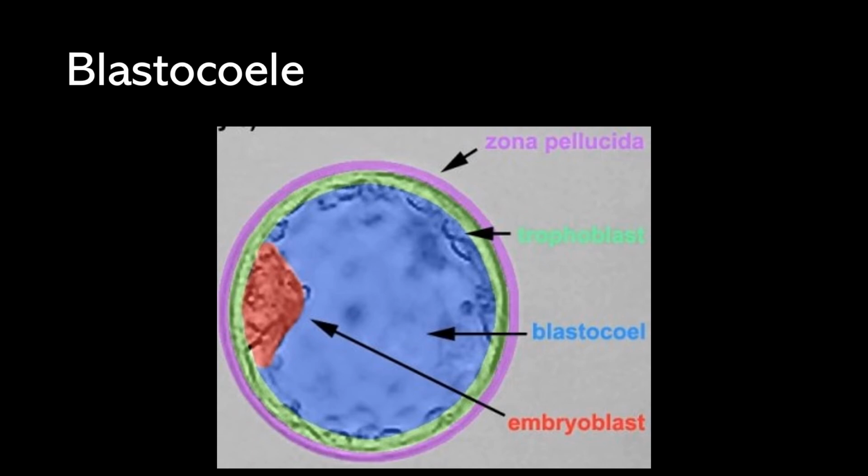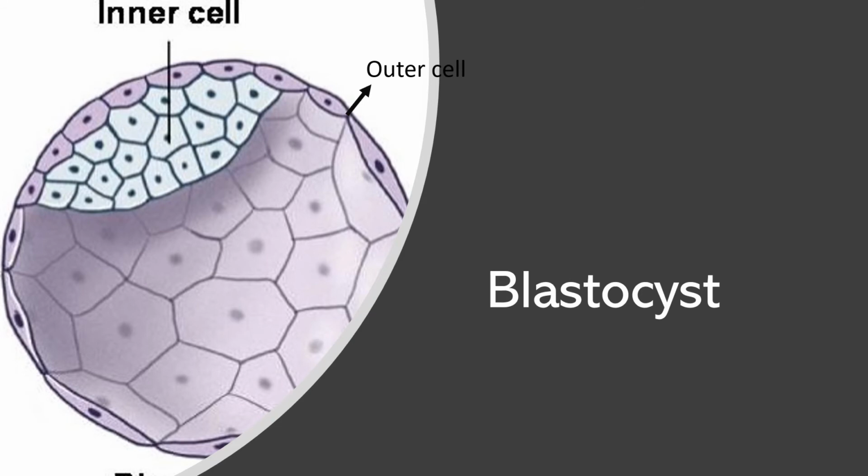This fluid-like structure is called the blastocele, and this stage of formation is called the blastocyst. Here in this picture we can see the cavity formation, and this stage is called a blastocyst.